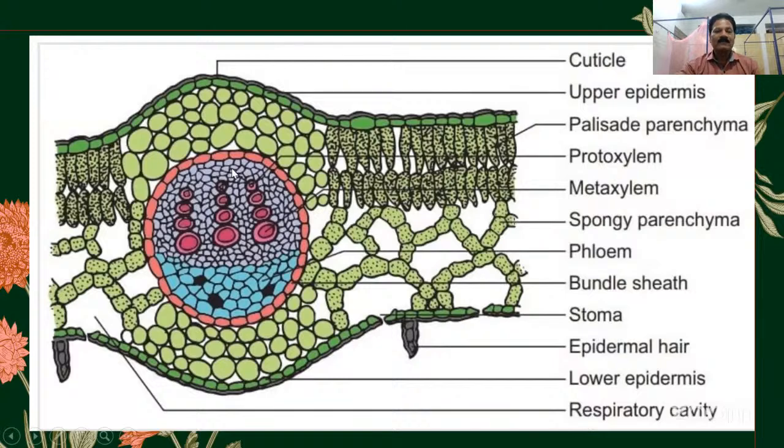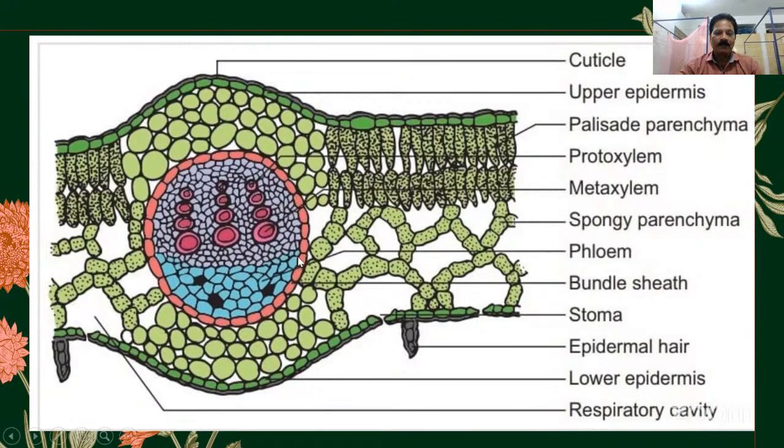And the third part of leaf is the circular central portion, which is surrounded by a dark pink color tissue. In the diagram, it is seen as a dark pink color sheet, a spherical structure at the center of the mesophyll, called vascular bundle.